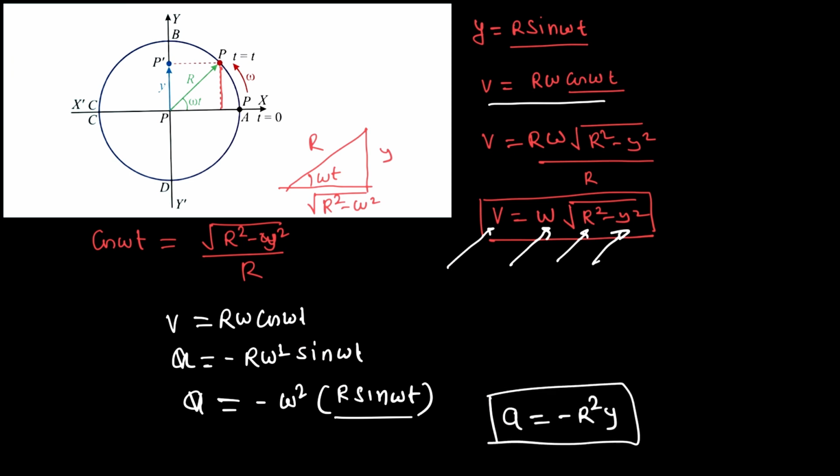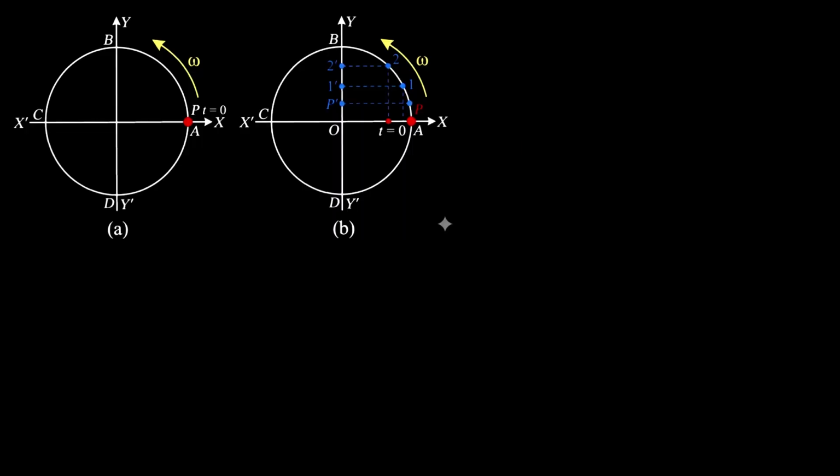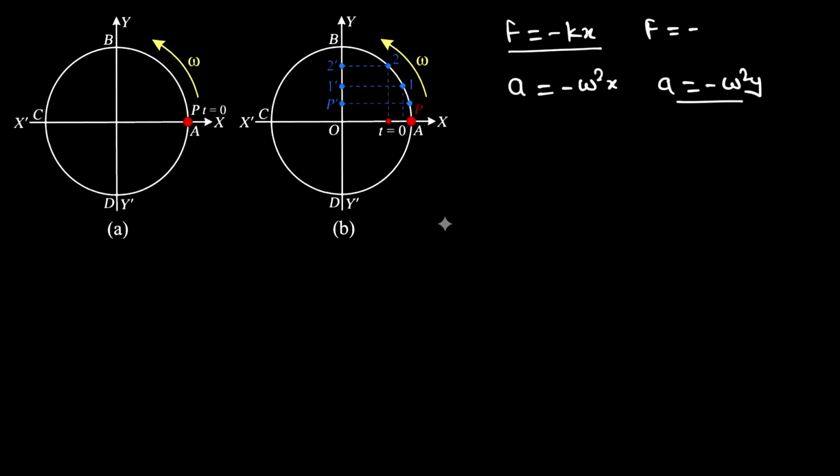So basically, there are four conditions for simple harmonic motion. First one is F is equal to minus kx, in terms of force and displacement. Second, we can write a is equal to minus omega square x. We can also write a is equal to minus omega square y if I take y as the variable, and F is equal to minus ky.